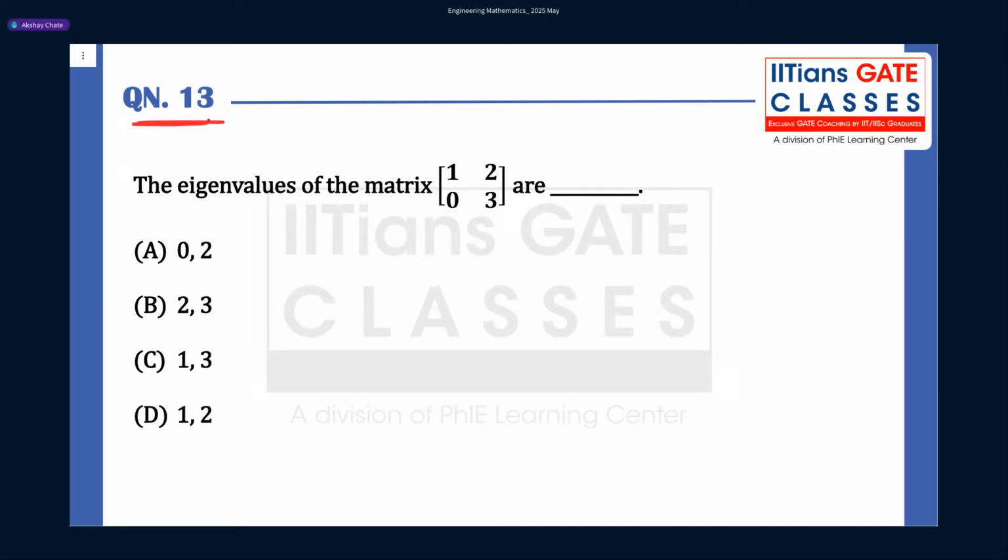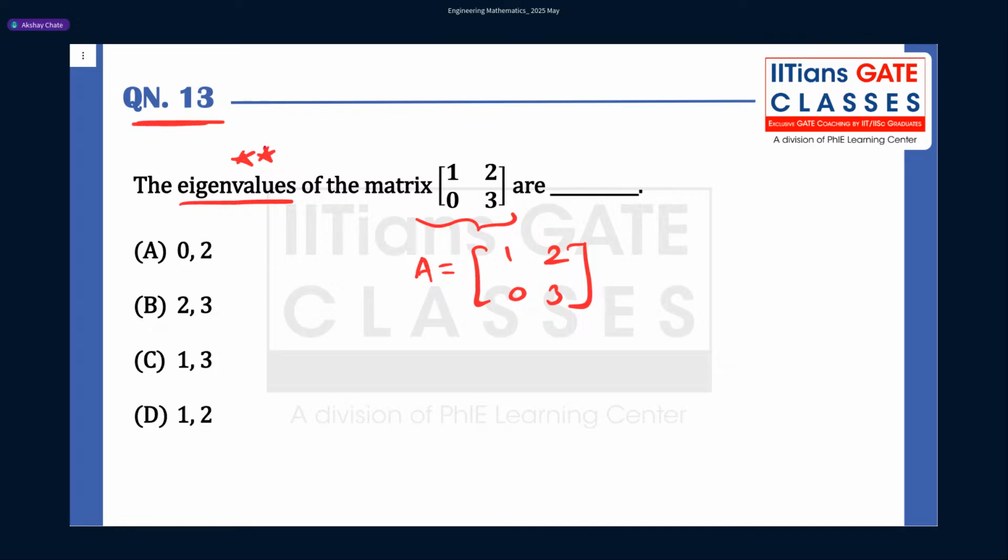Here they have given you this matrix A, which is 1, 2, 0, 3, and what they're asking you to find is the eigenvalues of this matrix. More often than not, one question is asked on eigenvalues and eigenvectors in most branches of engineering for the GATE exam.